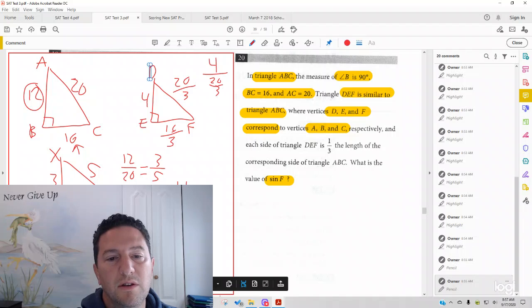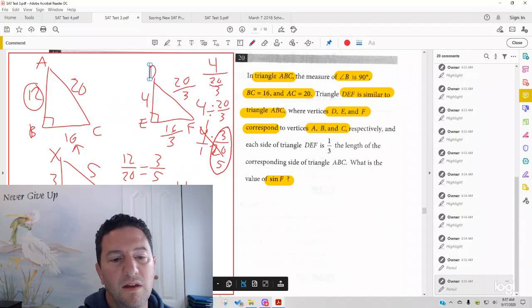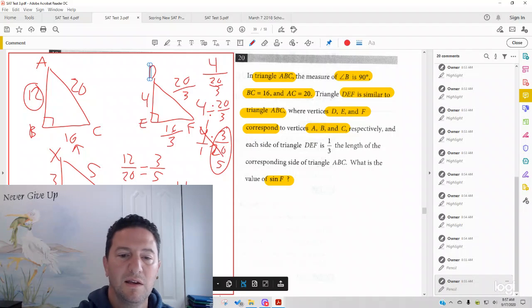But there's no reason to do that. Now, if you needed to, that's the same as 4 divided by 20 over 3, which is the same as 4 times 3 over 20. That's 4 over 1 times 3 over 20. You could cancel these. That becomes a 1, that becomes a 5. And you wind up with 3 over 5 again.